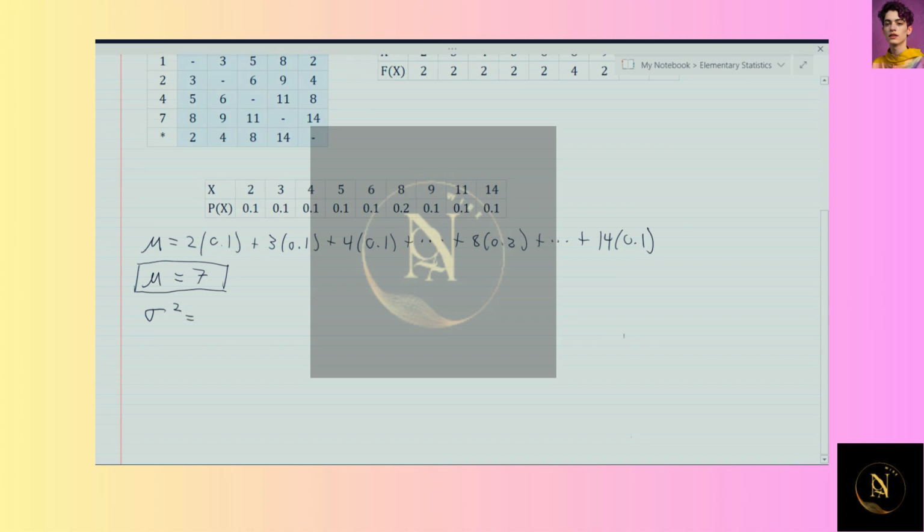Since so many of these have the same probability, I'm going to factor this 0.1 out and do 2 squared plus 3 squared plus 4 squared plus 5 squared plus 6 squared plus 9 squared plus 11 squared plus 14 squared, plus 8 squared times 0.2, and subtract off 7 squared, and that will give us a variance of 12.6.